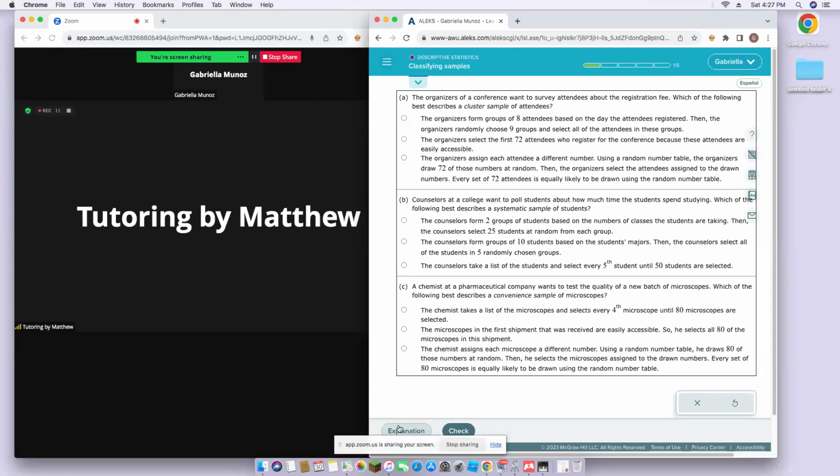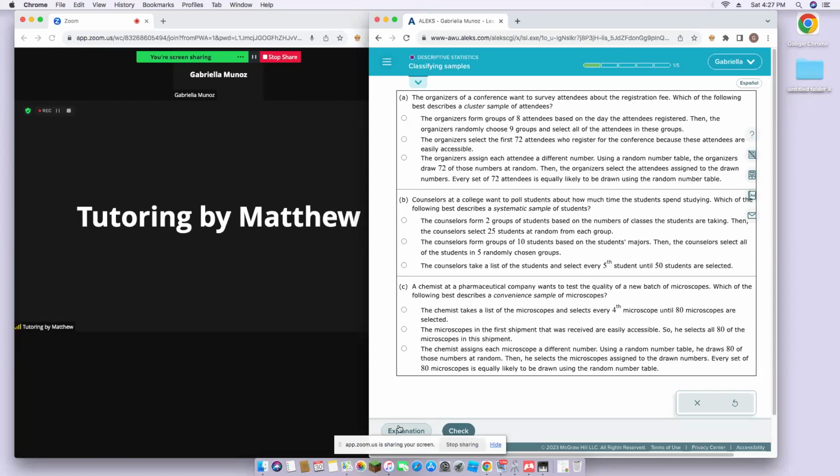None of the first seem like they're cluster sampling. I was thinking maybe the C because it says organizers randomly. I'm gonna say it's not C because that is like a simple random sample. A is the group.